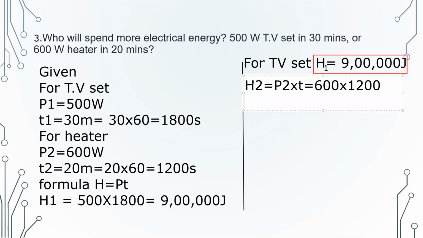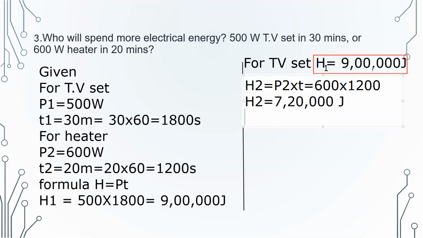So we will get H2 is equal to 60 into 12. 6 12s are 72. So we will get 7,20,000. Okay. 7,20,000 joules.